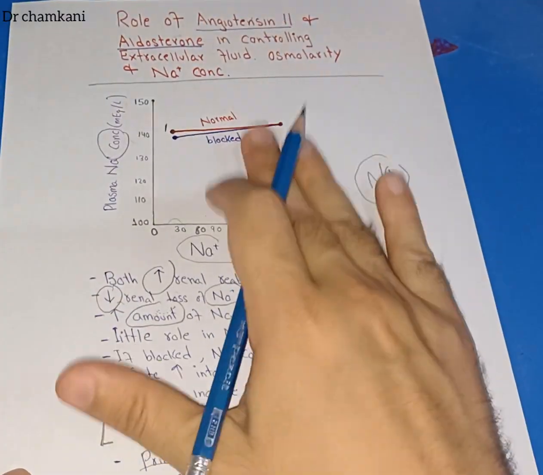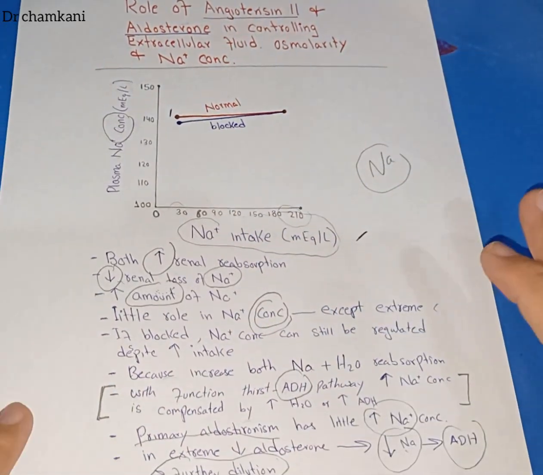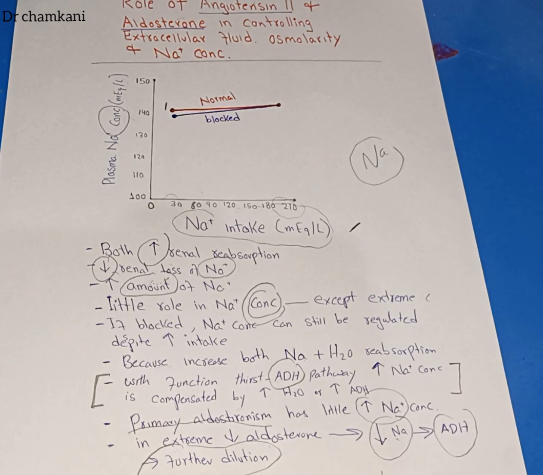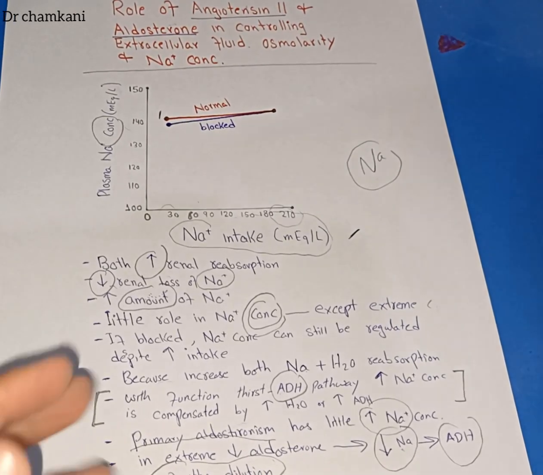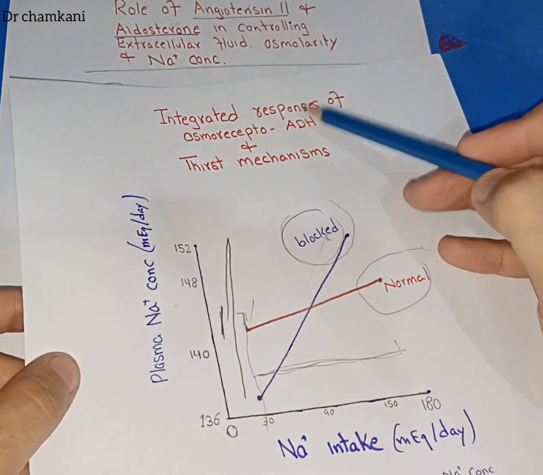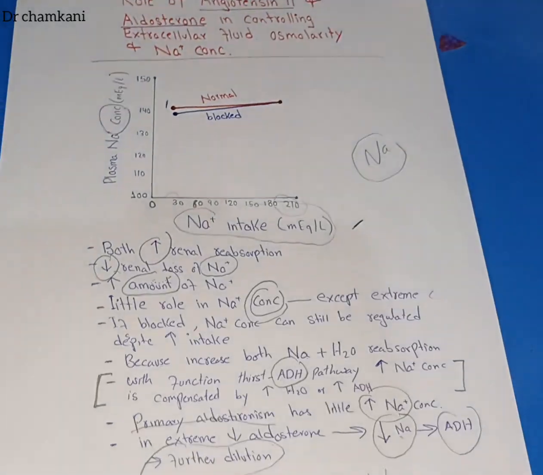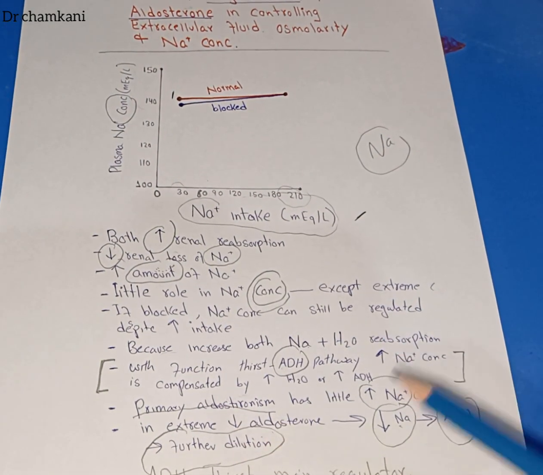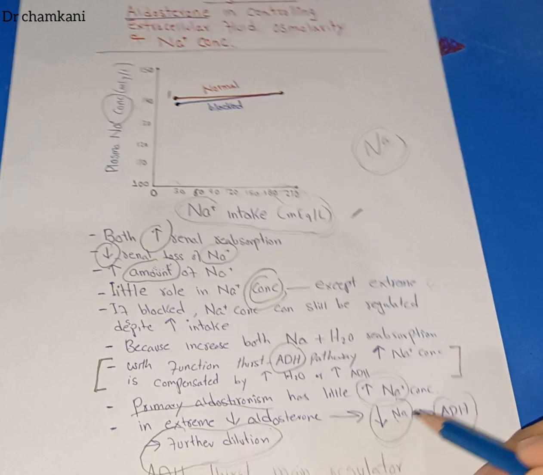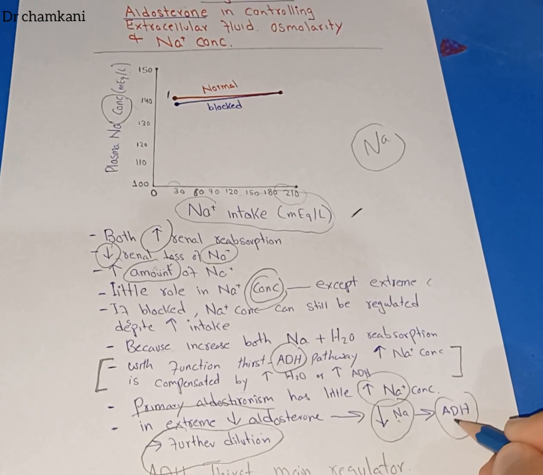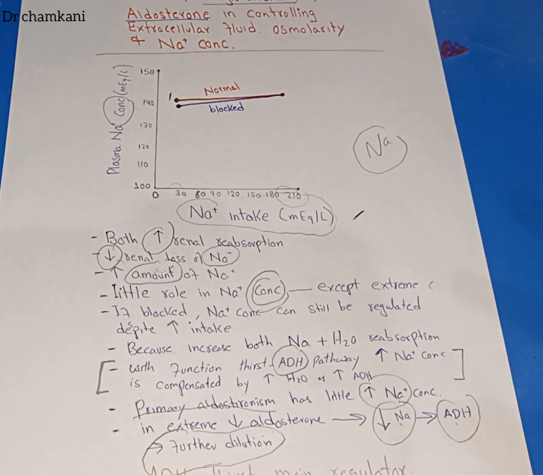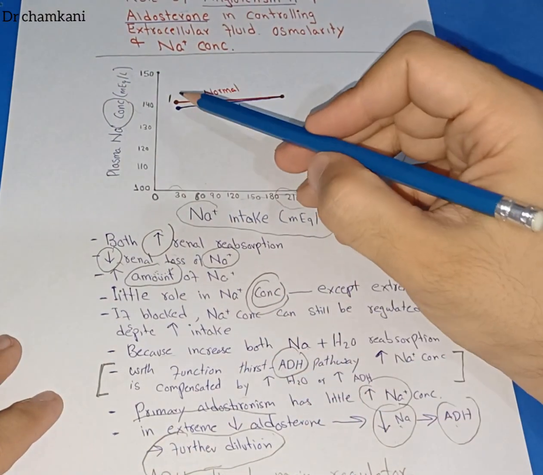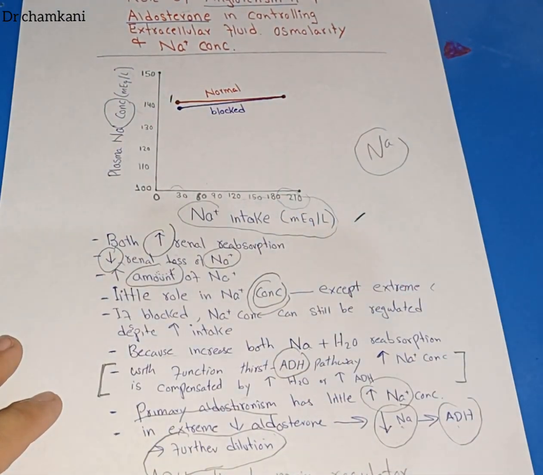So the whole pathway is very functional, and it maintains the plasma sodium concentration, but the effects are not visible; they are masked by the ADH and thirst mechanism. Only in very extreme deficiency of aldosterone is there so much loss of sodium that it leads to so much increased ADH secretion that it reabsorbs so much water that it causes dilution, and that dilution basically leads to a decrease in concentration of sodium.